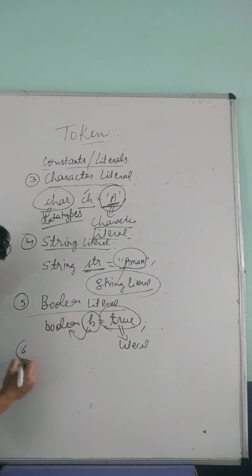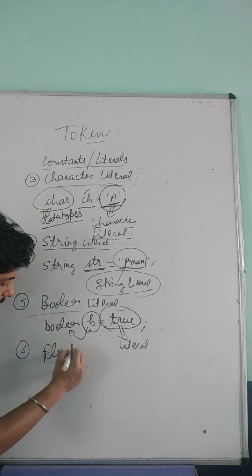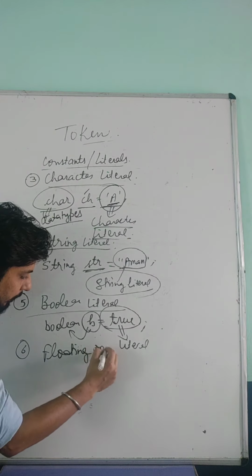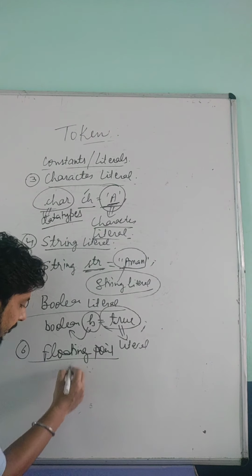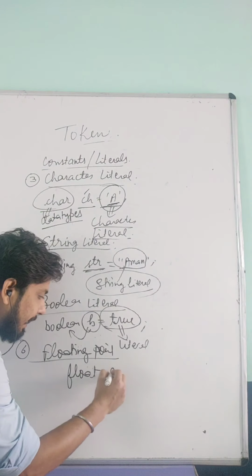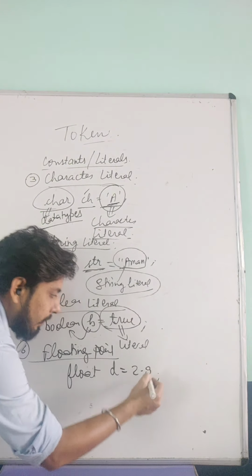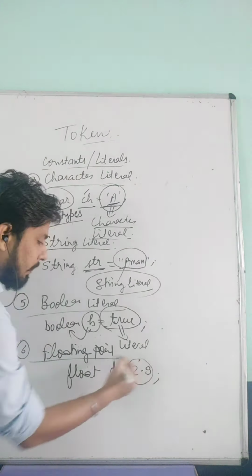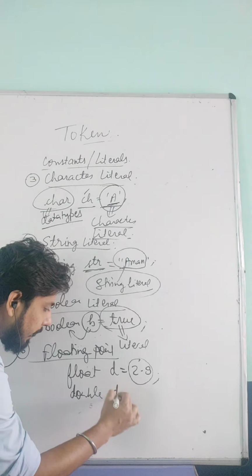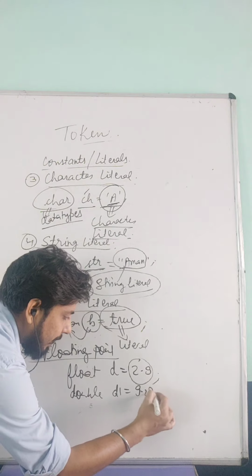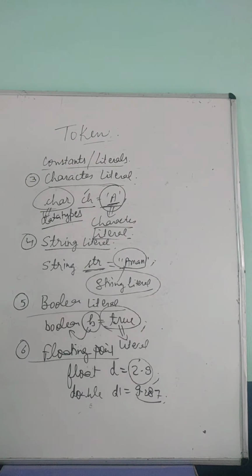Now next is the floating point literal. Suppose I take another example, float d equals to 2.9. This is our floating point literal. Or we can say double d1 equals to 9.287. This is also a floating point literal.